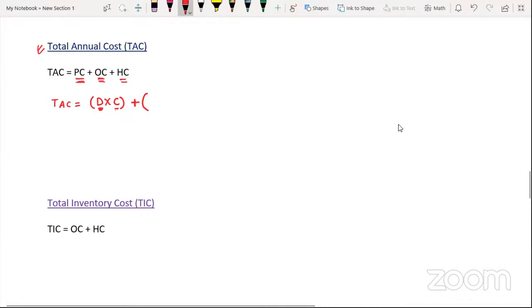Ordering cost is the number of orders, that is D by Q, annual demand divided by quantity per order, into C naught, the cost per order, plus the holding cost. Holding cost is the average inventory, that is Q by 2, into cost per unit per year, that is CH.